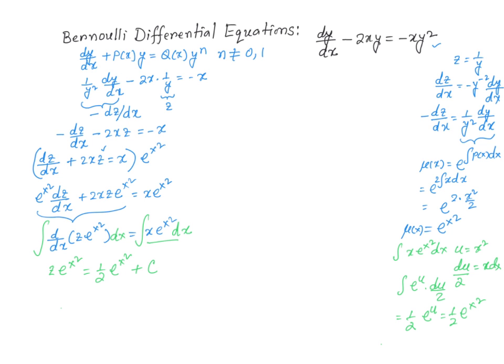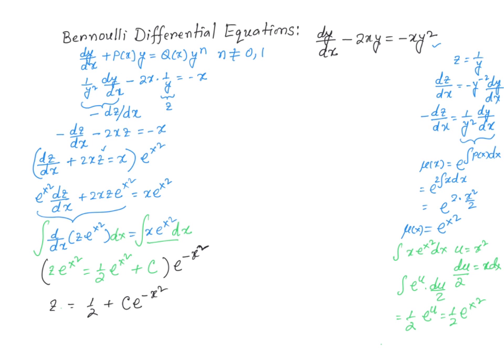Now to solve this, we need to multiply both sides of this equation by e to the power negative x squared. That's going to give you z is equal to 1/2 plus c times e to the power negative x squared.